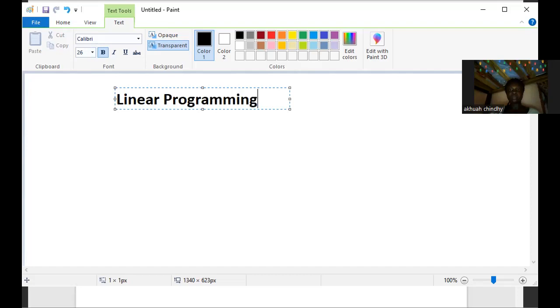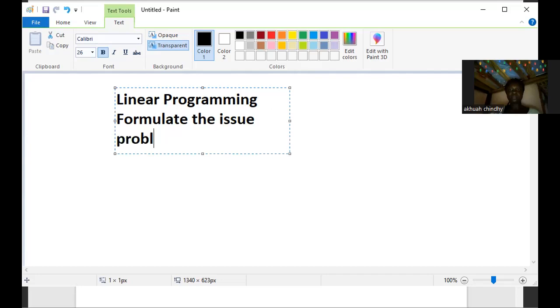With linear programming, we have a part where it's about formulating the issue. That's transferring the problem from English language to mathematical language. That is the first aspect of linear programming.